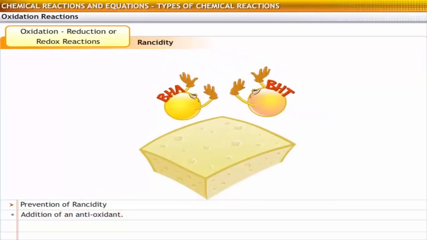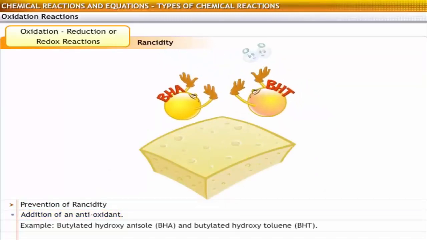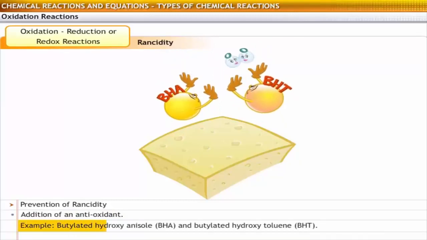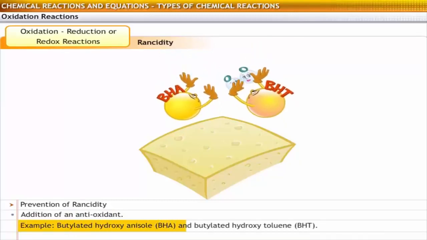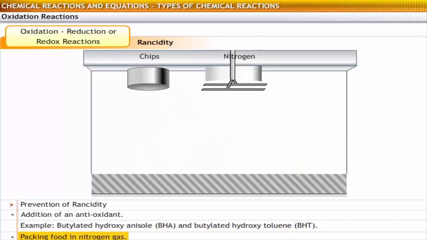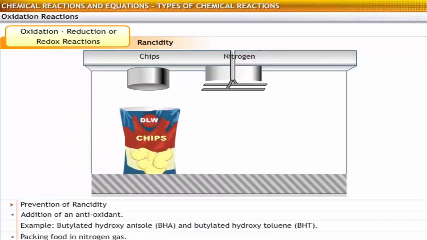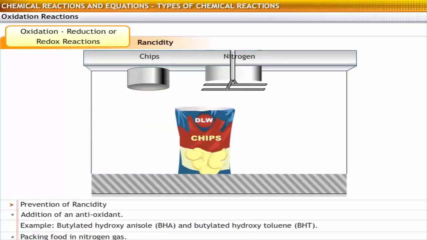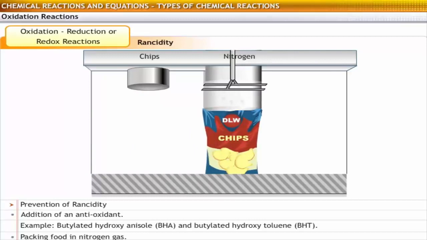Two common antioxidants used in food are butylated hydroxyanisole (BHA) and butylated hydroxytoluene (BHT). The other way is by packing food in nitrogen gas, since nitrogen prevents oxidation of food. For example, rancidity in potato chips can be prevented by flushing the bags with nitrogen while packing.